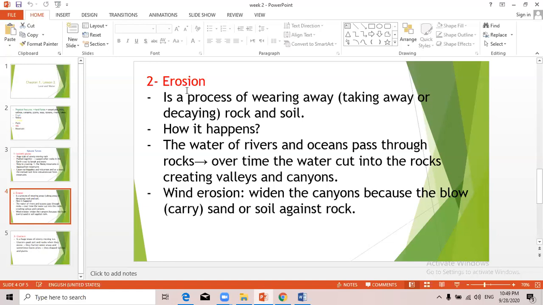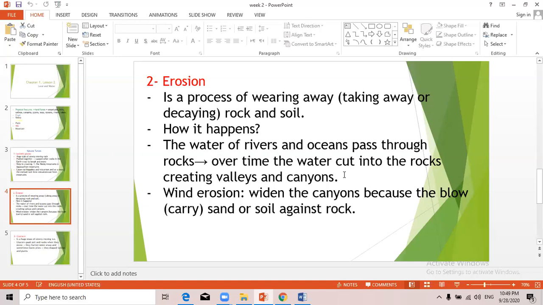Also, erosion happens because of the water of rivers and oceans. When the water of rivers and oceans passes over rocks, over time the water cuts the rocks into pieces, and these pieces connect together to create valleys and canyons. Okay, and also wind erosion.